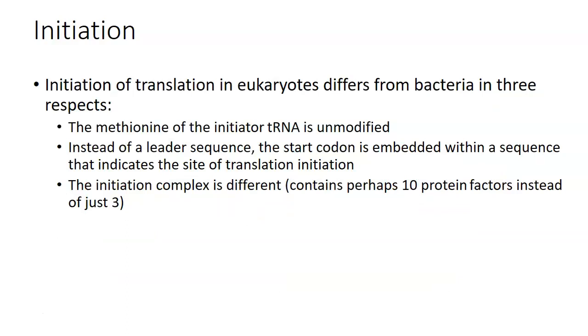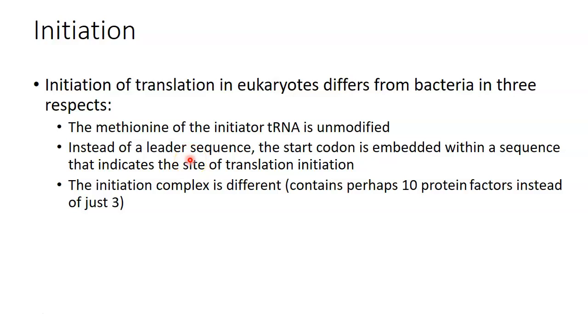So a couple of key differences for initiation if we're comparing prokaryotes and eukaryotes. Again, the first is in eukaryotes we have methionine instead of fMet, formyl methionine. So the methionine is just a little bit different. Also in eukaryotes, instead of a leader sequence, the start codon is actually found within a sequence towards the 5' end that indicates the site of translation.